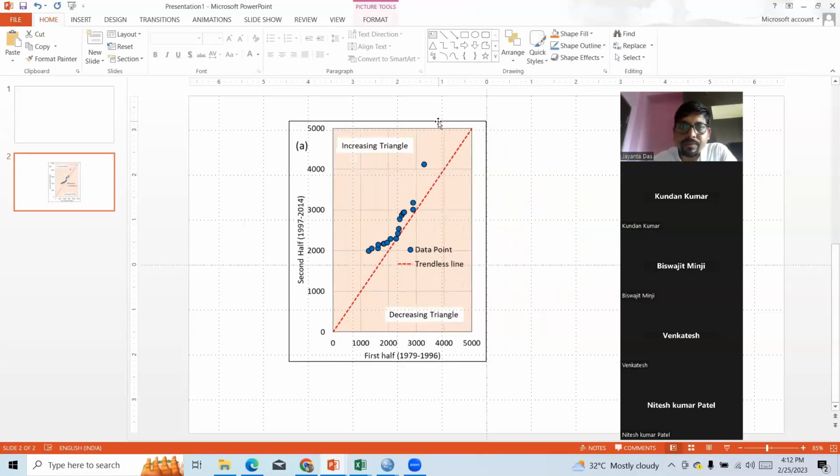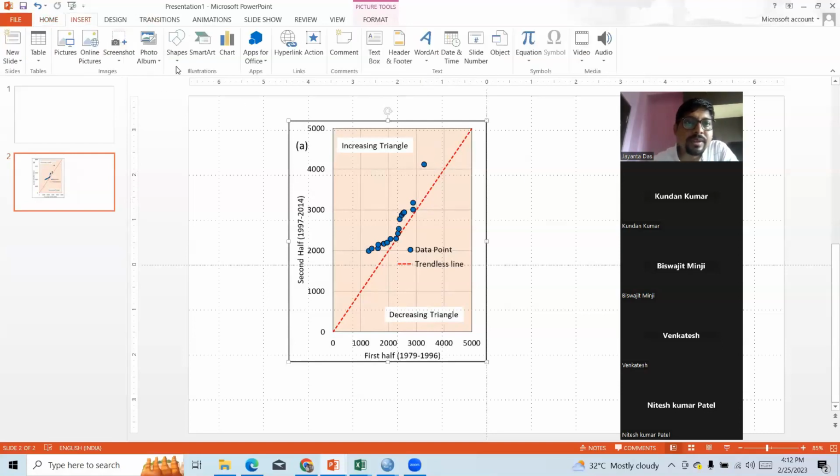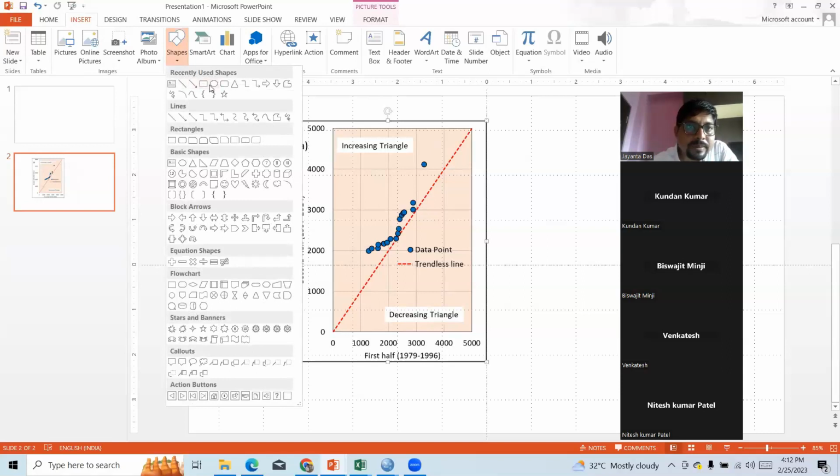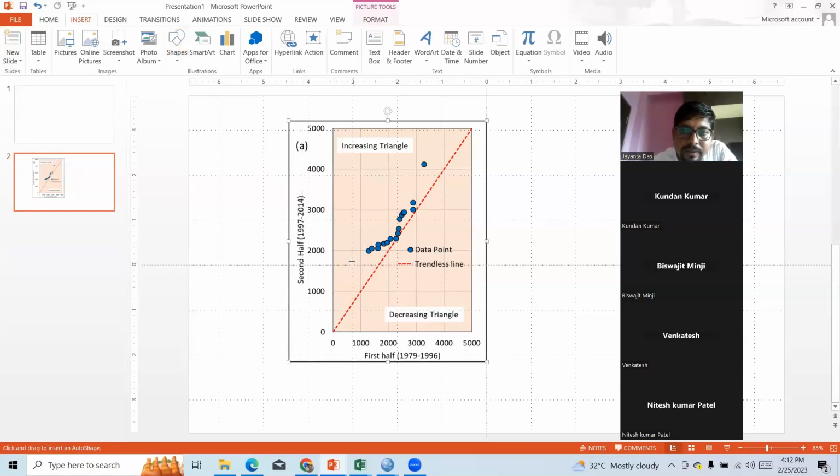See, now we can categorize trend, like it is a low trend, it is a medium trend, and a high trend. So insert, shift, can select this oval. I think it will work.